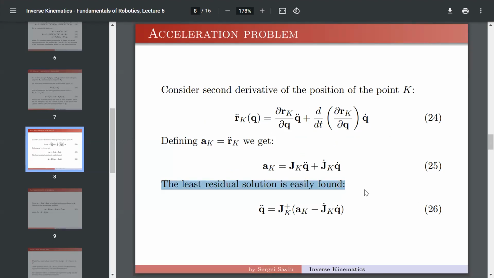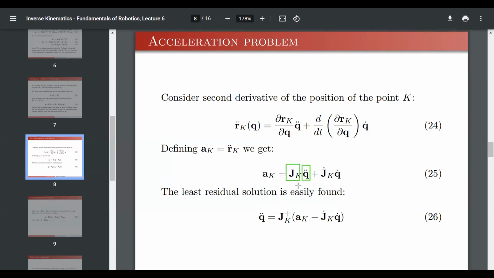So the least residual solution for this problem can be easily found, because ultimately this problem is exactly the same as the previous one. You have variable times matrix and right-hand side. It's just like you get this thing. You put it to the right-hand side here, or left-hand side, I guess, in this case, and you get the same situation as before.